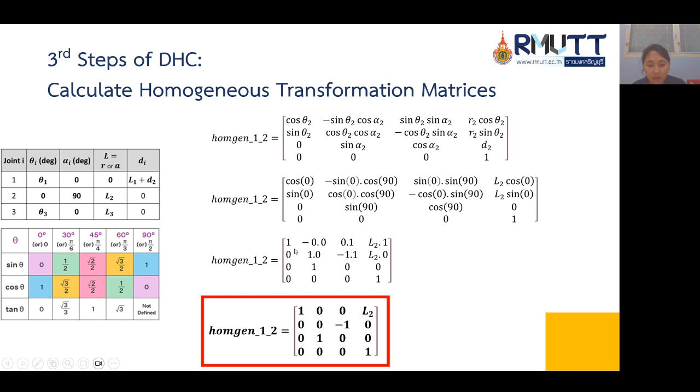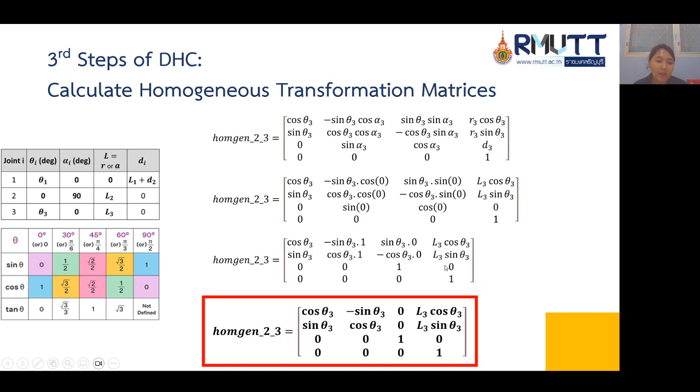After that, just calculate it, and the answer of the homogeneous transformation matrix from frame 1 to 2, from the first element in the first column until the last element in the fourth column, is: 1 0 0 L2, 0 0 minus 1 0, 0 1 0 0, 0 0 0 1.